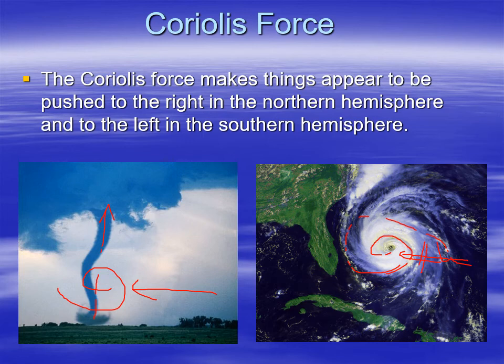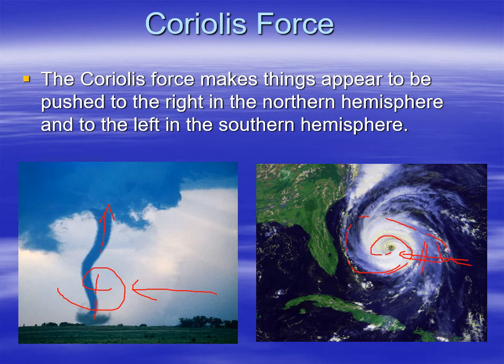Again, that gives you these big winds because as you spiral in like that, you have to go a longer distance in the same length of time, and so that means it's going faster. So this intensifies the wind speed. And so hurricanes and tornadoes are examples of this.